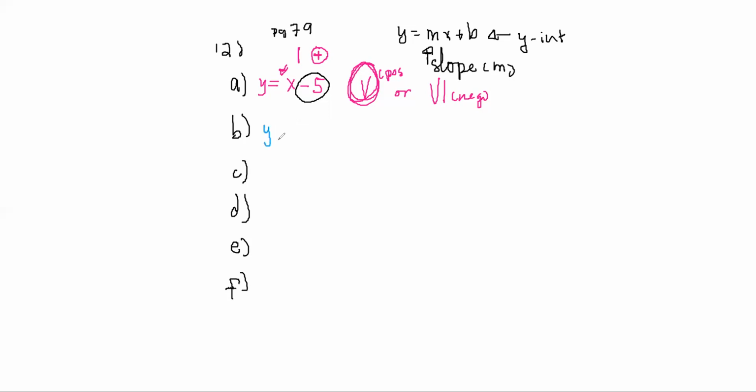So for B, we have y is equal to -3x plus 4. So we know our slope is going to be -3, which is negative, and our y-intercept is going to be 4, which is positive.